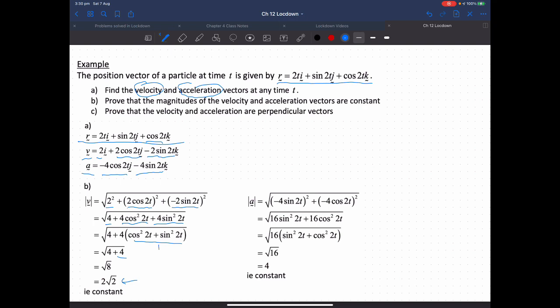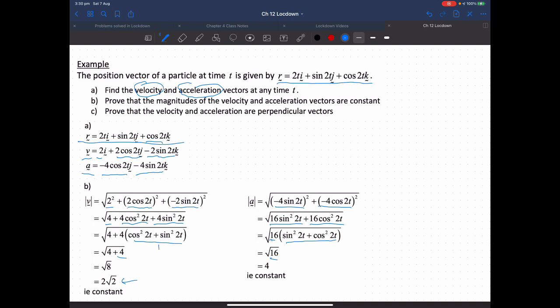Now I must do the same with acceleration. This will use exactly the same technique. So I've taken the minus 4 cos 2t and I've squared it, and I've taken the minus 4 sine 2t and I've squared it, giving me 16 sine squared 2t plus 16 cos squared 2t. 16 comes out as a factor, giving me, in brackets, sine squared 2t plus cos squared 2t, which is 1. 16 times 1 is 16.